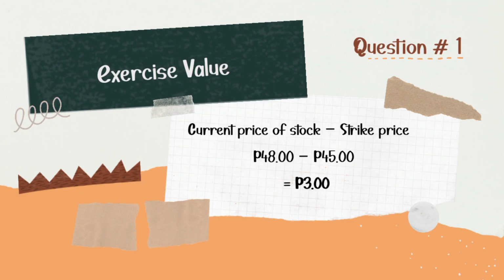Given here, we have strike price 45 pesos and the stock price of 48 pesos. In getting the exercise value, we will use the formula current price of stock minus strike price. So 48 pesos minus 45 pesos, we have 3 pesos exercise value.